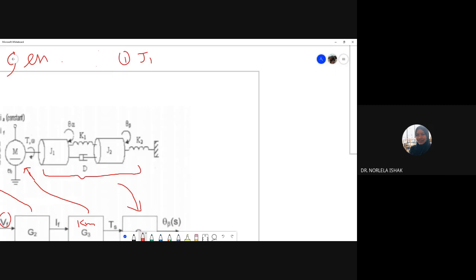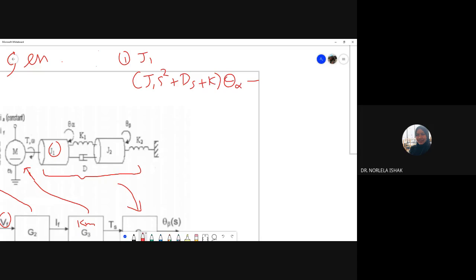Inertia number 1 is related to alpha, right? J1, which one related to the motion theta alpha? J1 S squared. Apa impedance dia? What's the impedance for inertia? J1S. How about impedance for damper? DS. S plus K multiply with the, betul tak? Betul. Okay, dan minus?